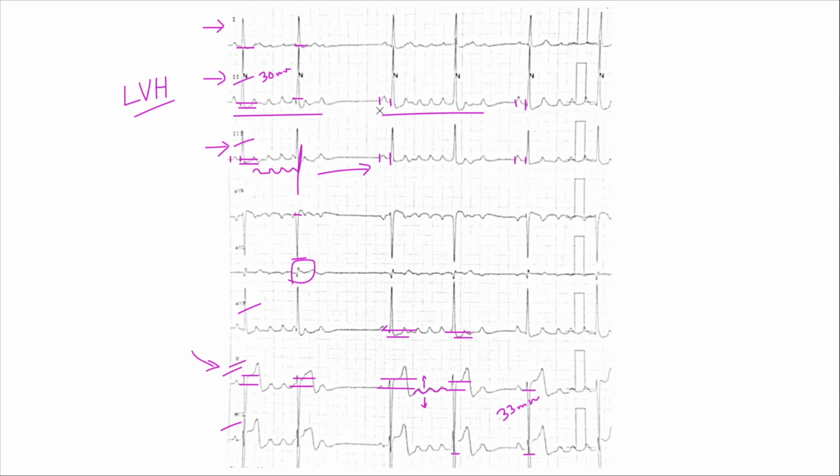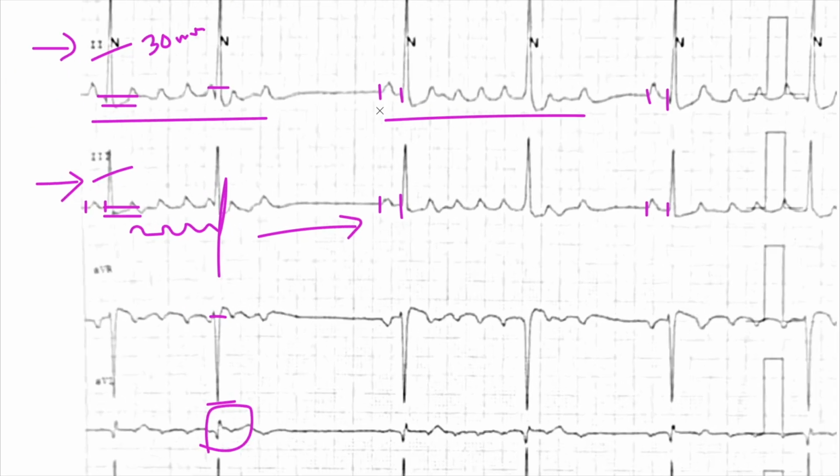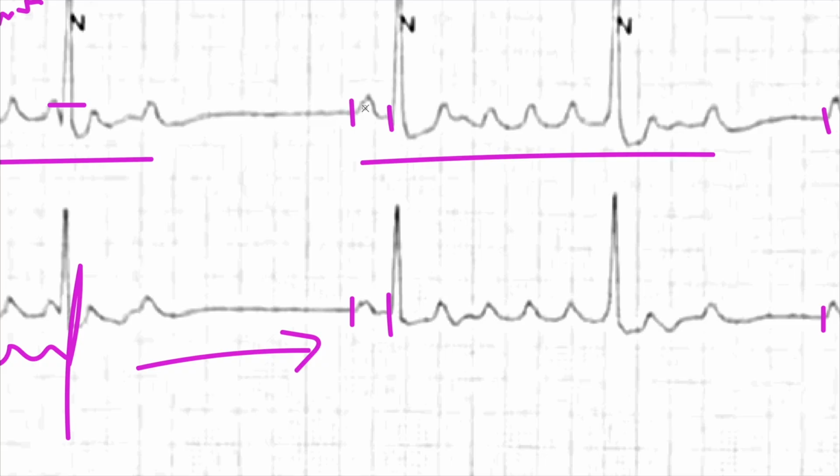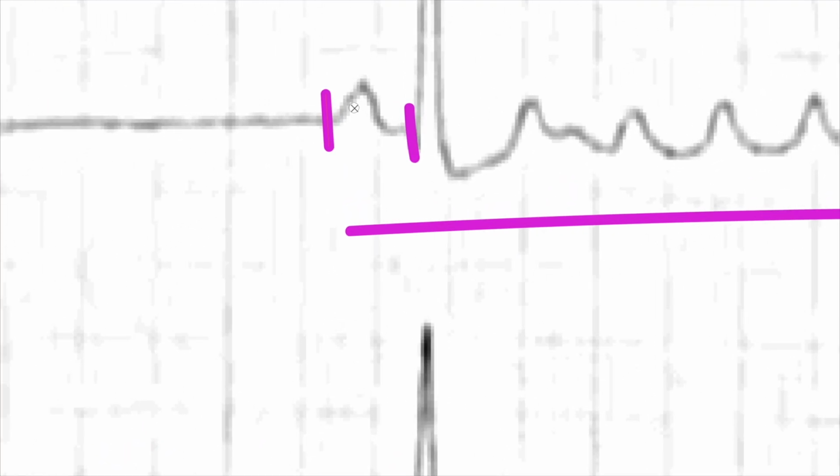Now, another thing that I was kind of looking at while I was measuring down here, these P waves here are pretty big. Now, I can't clearly see what's going on here, but remember, if you can fit a small box into a P wave, you have some sort of right atrial enlargement. Right atrial, your P wave is just going to look big. If you can fit a small box inside of it, you have some sort of enlargement.